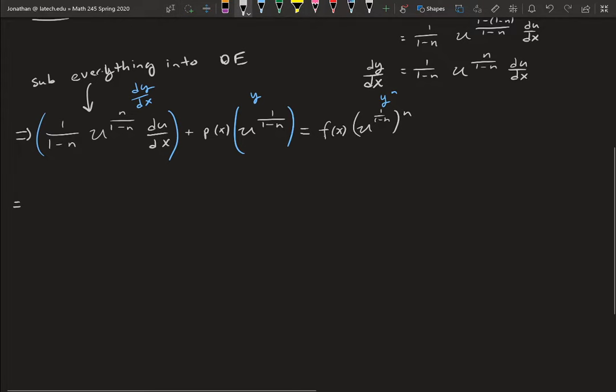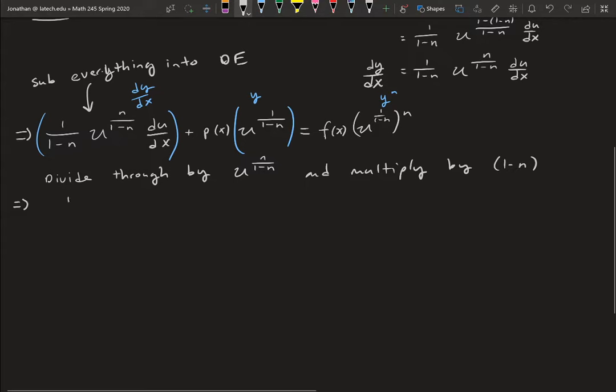So let's multiply everything, divide everything by this term right here. So divide through by u to the n over 1 minus n, and multiply by 1 minus n.